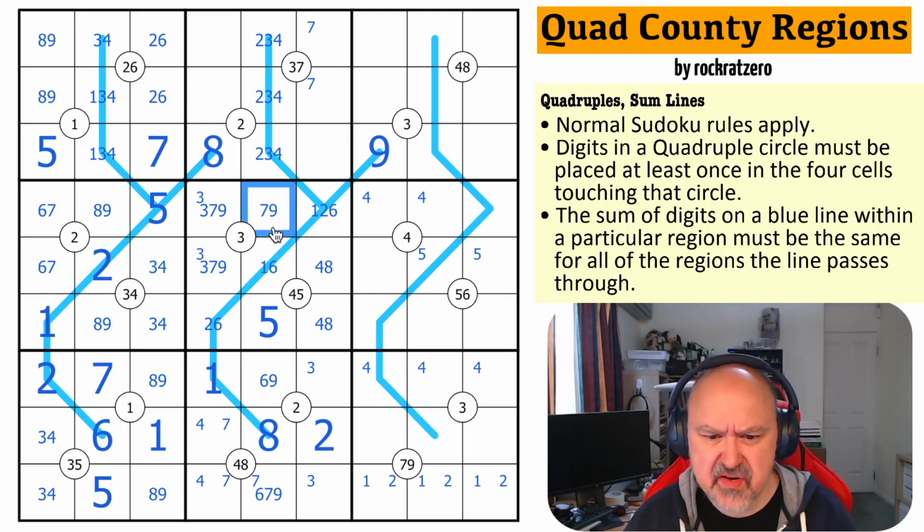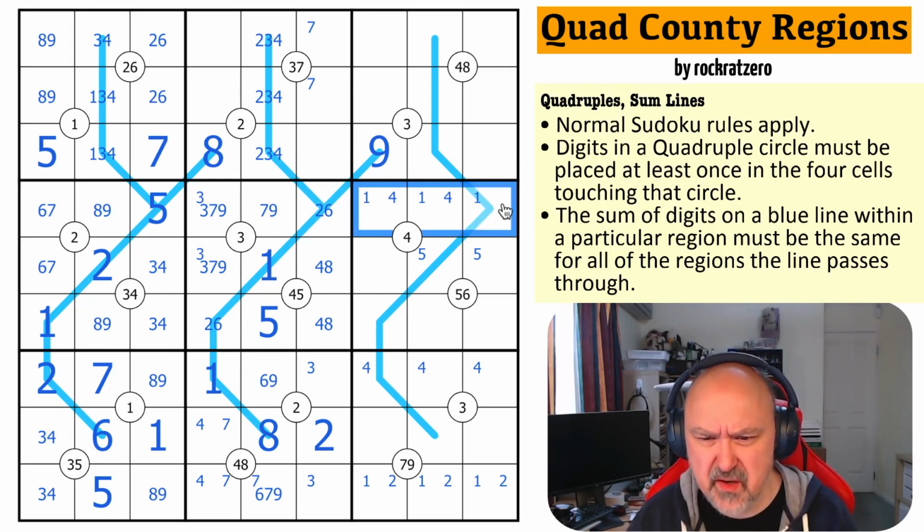Hang on, that's a 6, 7, 9 triple. Is that correct? Yes. So that is the 1. This is not the 1. So the 1 is up here somewhere. This is a 2, 6 pair, and the 2 here makes that the 6 and that the 2.